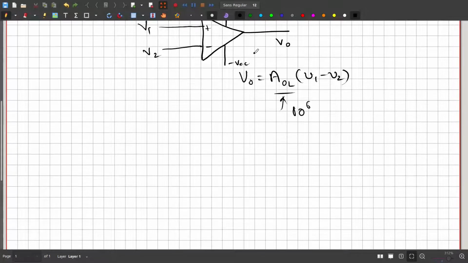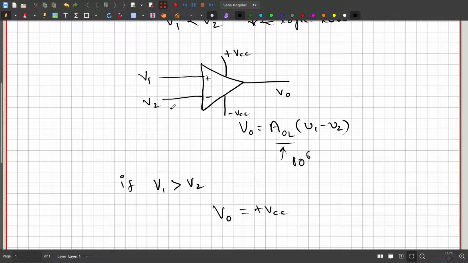So in this case, if V1 is greater than V2, then our V0 is equal to plus VCC. What it means is if V1 is greater than V2, then it saturates to the upper saturation. If V2 is greater than V1, then it saturates to the lower saturation voltage.